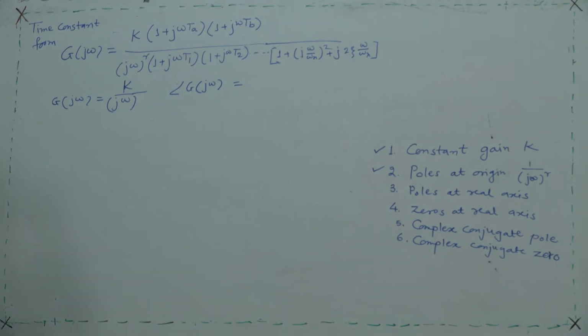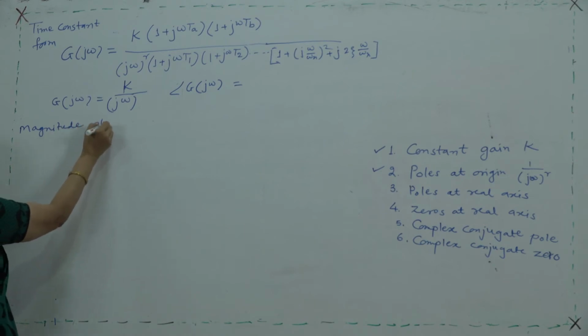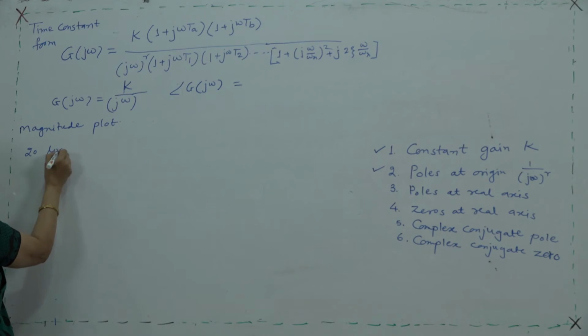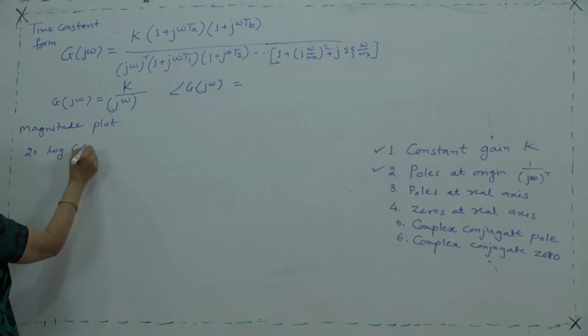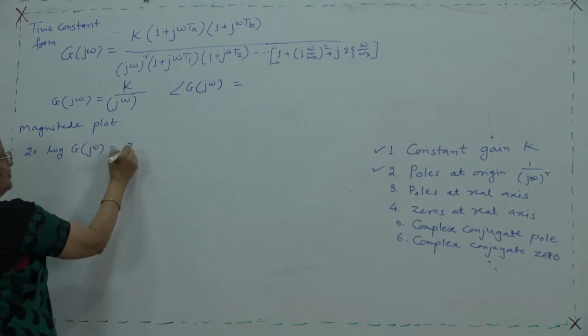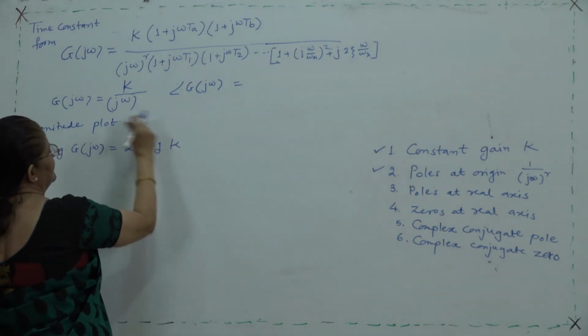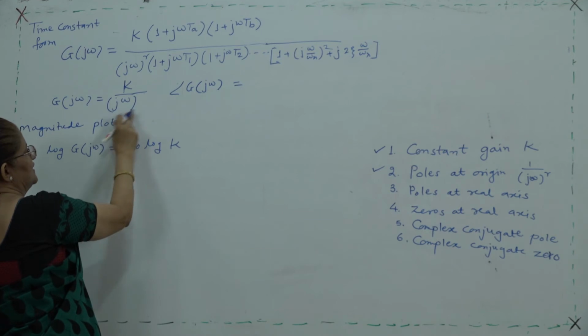Okay. So, because of K, for the magnitude plot, log of G(j omega) gives you 20 log of K plus this term, this is at the denominator.